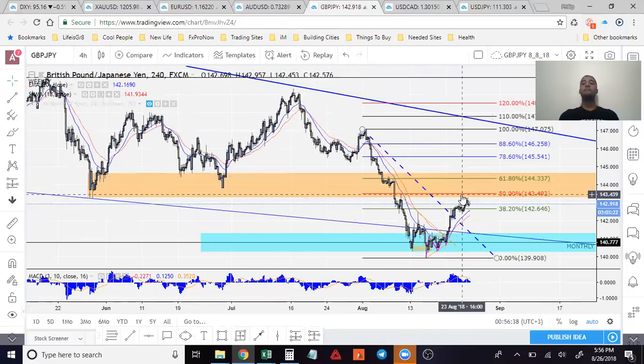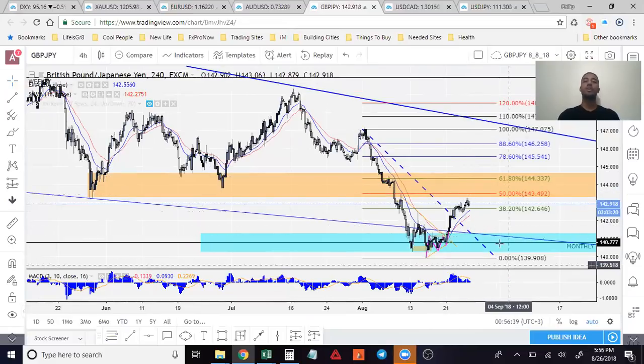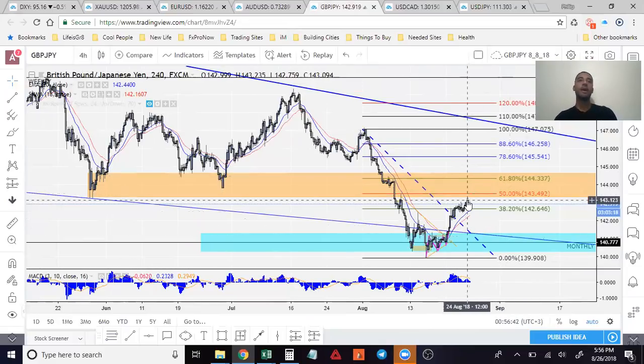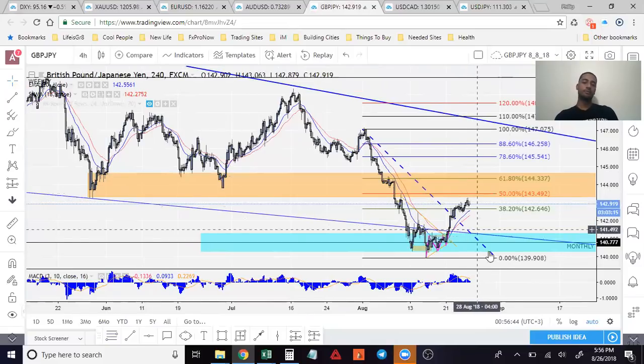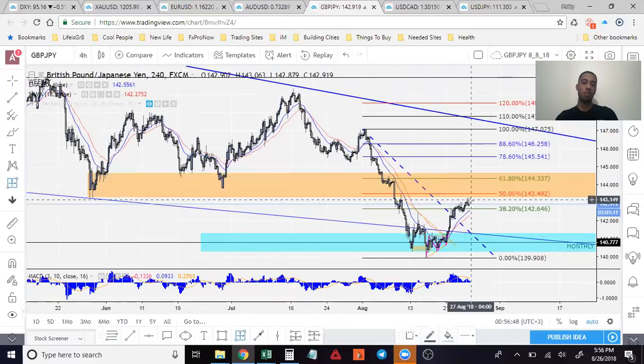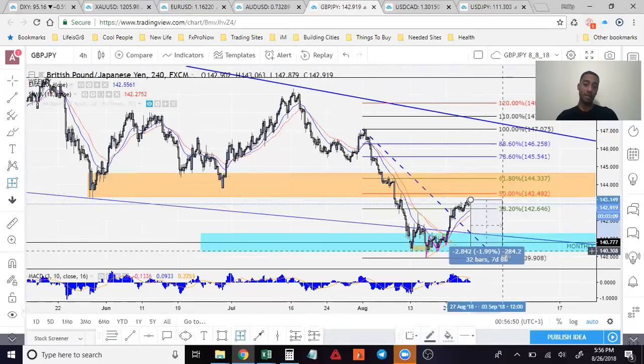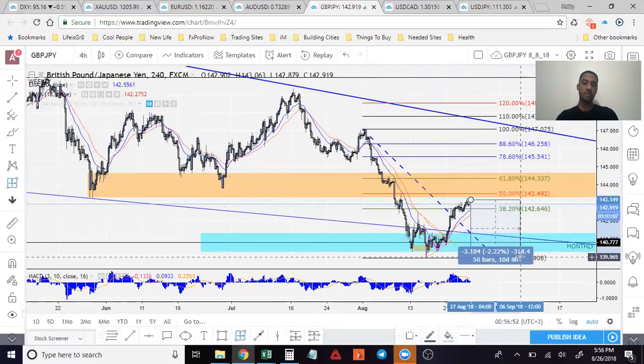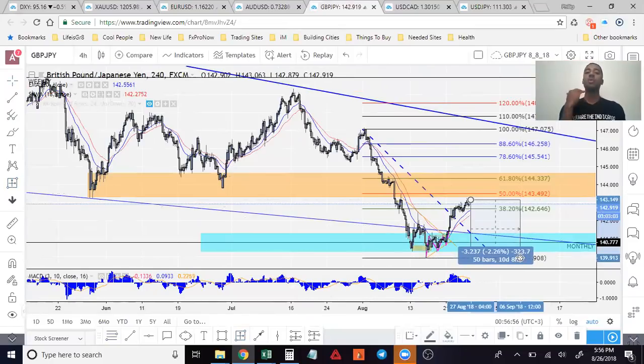So if anything, I do see GJ this week probably be my main focus as far as continuing the trend down, and I see GJ having more pips available for me to make pips, but just more of a long-term push where I can be able to actually get pips in between, where price will go from here to here, 323 pips.